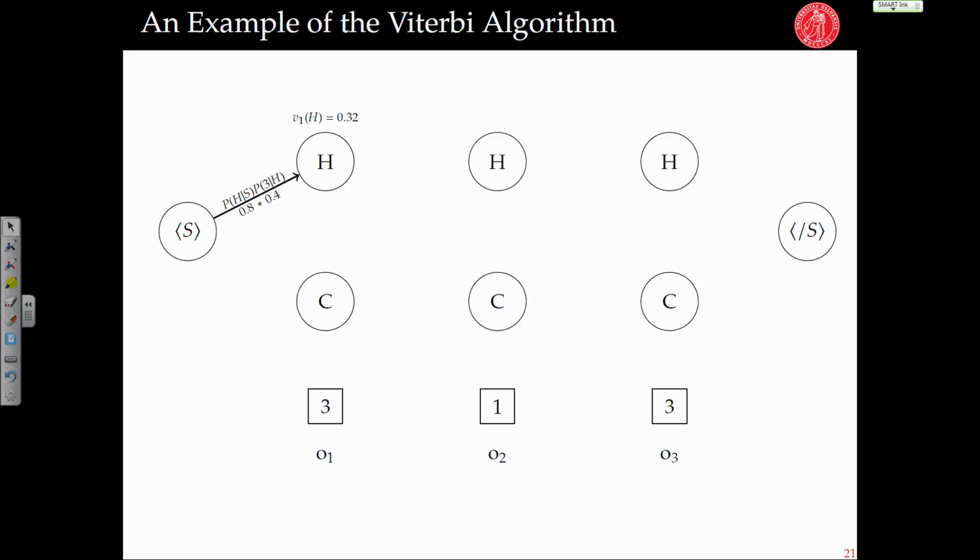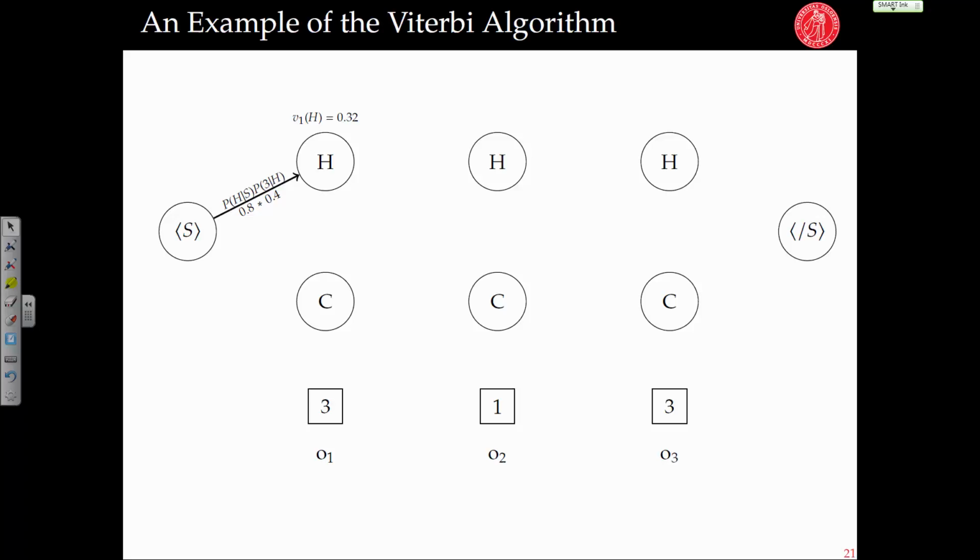Now this is a trivial case to compute, because there's only one way you can actually start, which is just from the start state to hot. So this is only one path, which means we don't need to maximize in a sense.